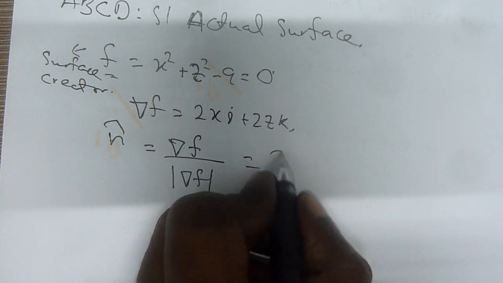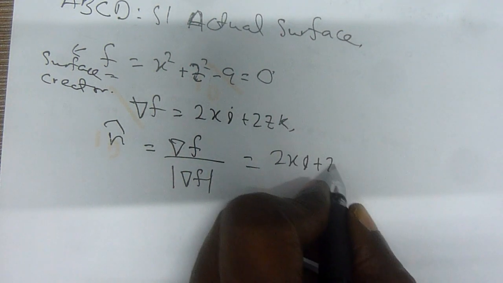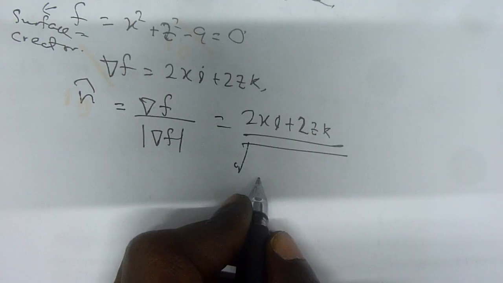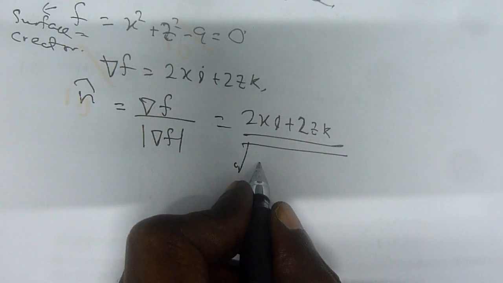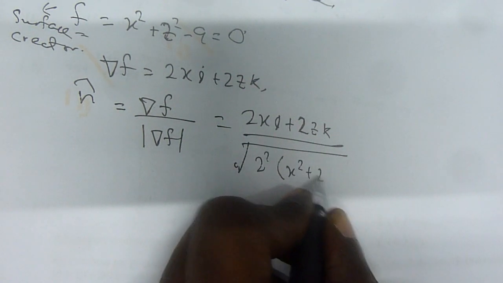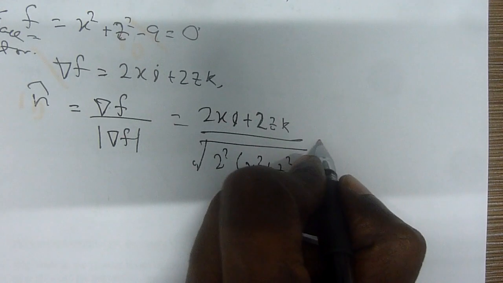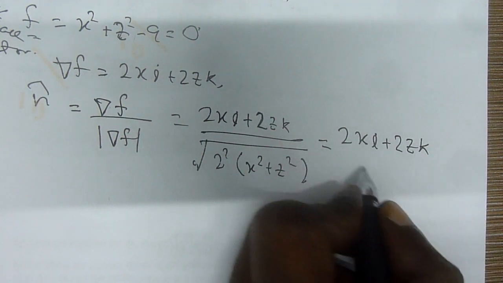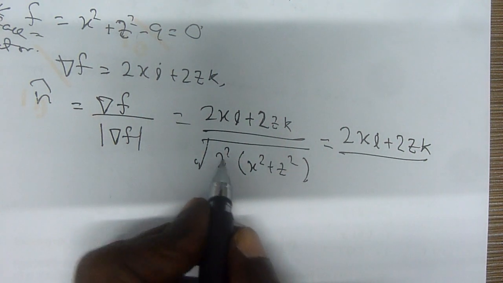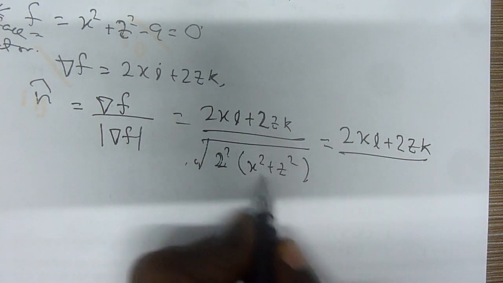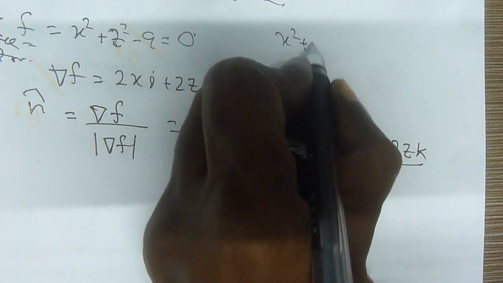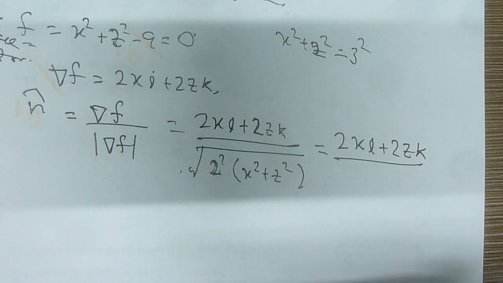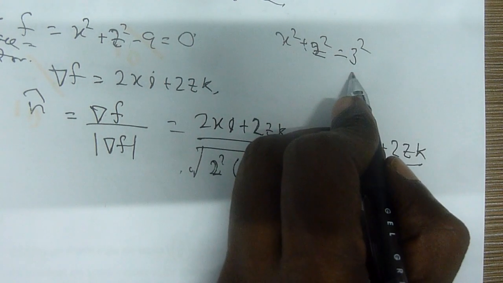Can. 2xi + 2zk divided by the square root of the sum of squares. Remember, x² + z² equals 9, so taking the square root, I get 3 back.